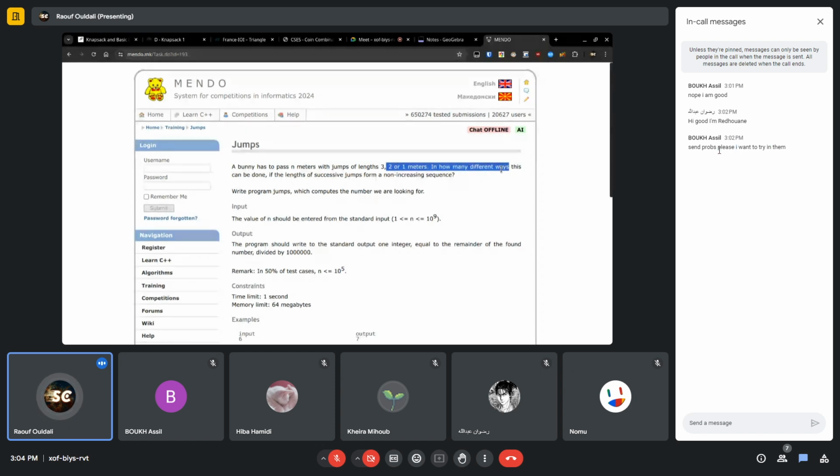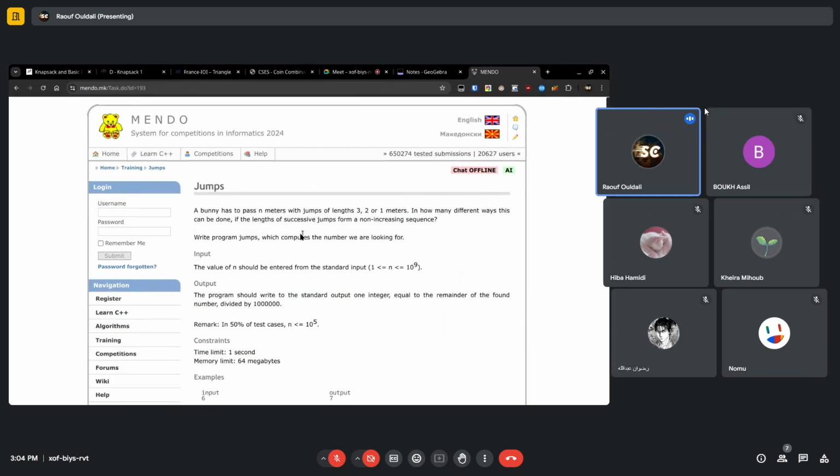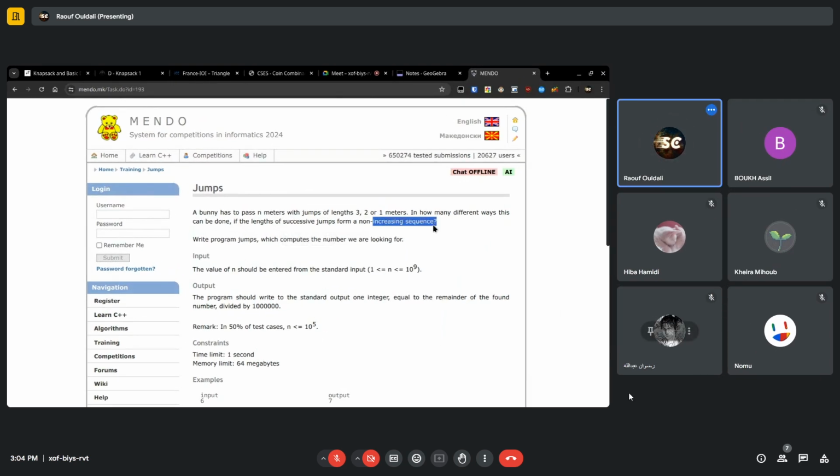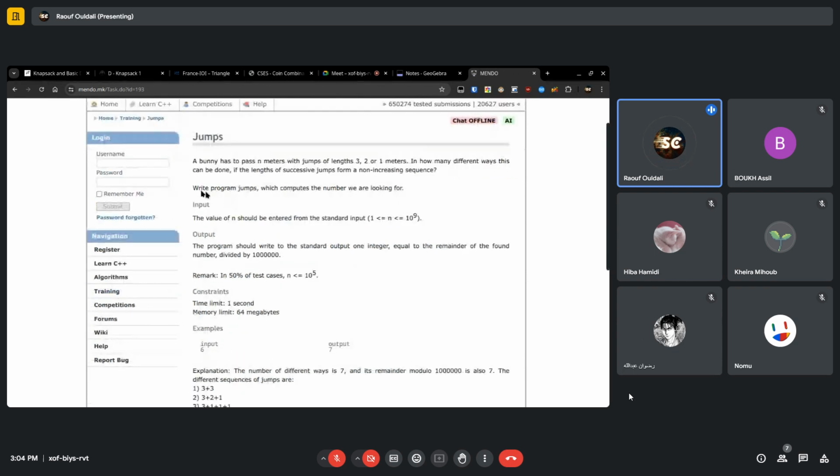In how many different ways can this be done if the lengths of successive jumps form a non-increasing sequence? So it's either decreasing or non-decreasing. Okay, I see. We can also suppose that it's increasing. It's the same as long as it's monotonic.